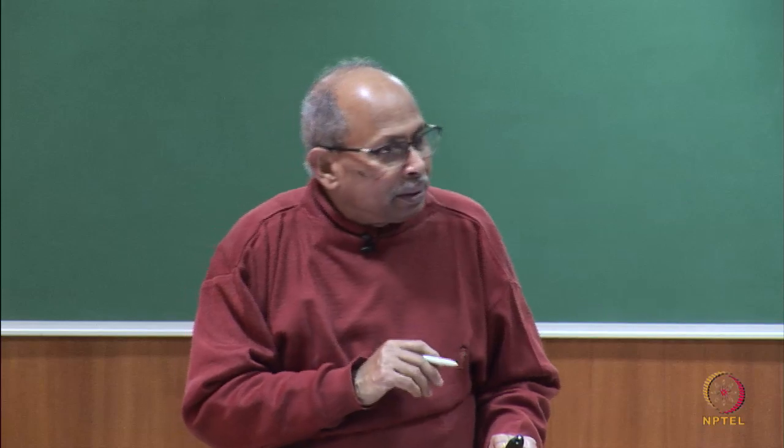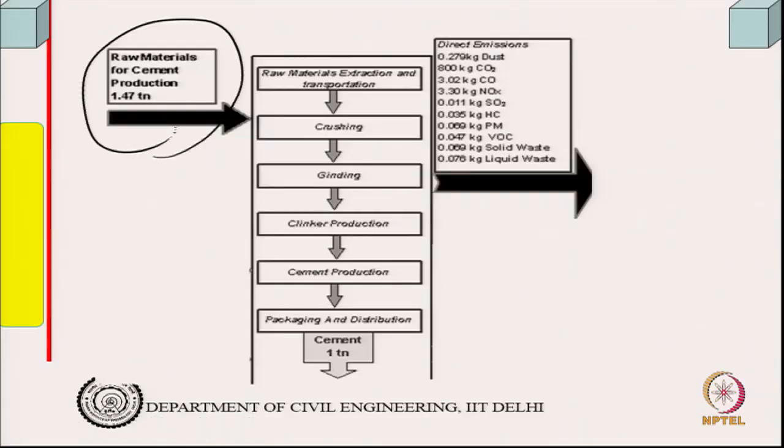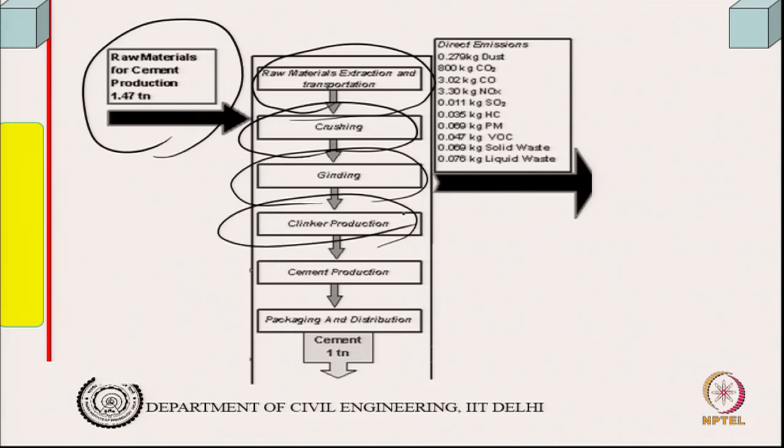So, this is what it is diagrammatically. Raw material to cement, this gives you 1.47 because I have taken 0.65, some people might take 0.6, so there could be some variation. This diagram is taken from cement technologies ideas. Raw material extraction and transportation is the first process, crushing is the next process, grinding is the next, clinker production is the other process, then cement production, packaging, distribution, cement 1 ton.